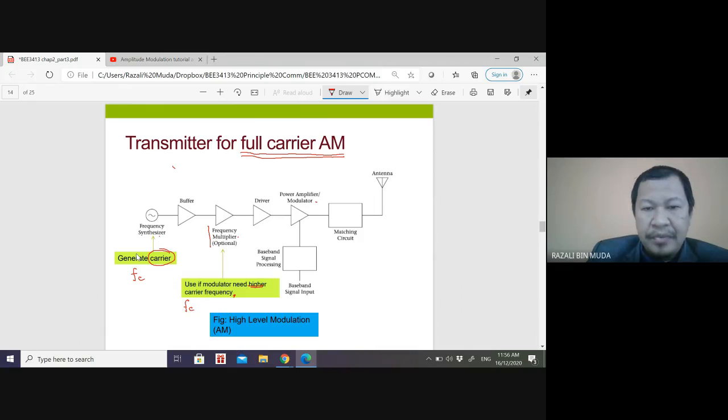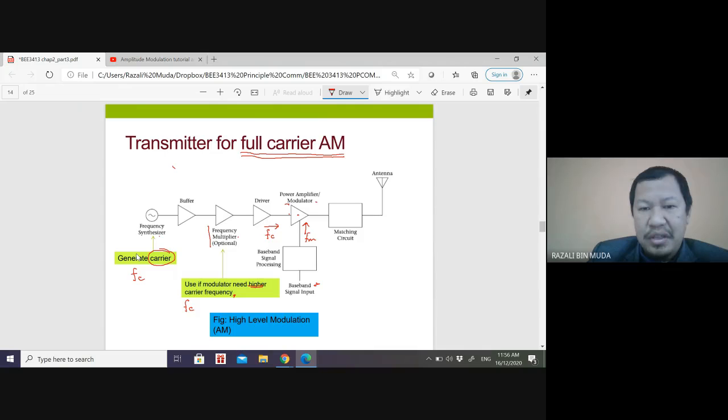Then you have the driver, power amplifier or modulator. Normally we say that this is the modulator, where you have FC coming in as the input, and then this is the baseband. So baseband is FM.